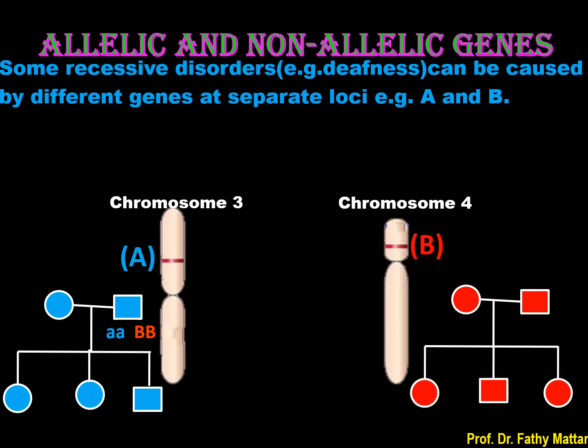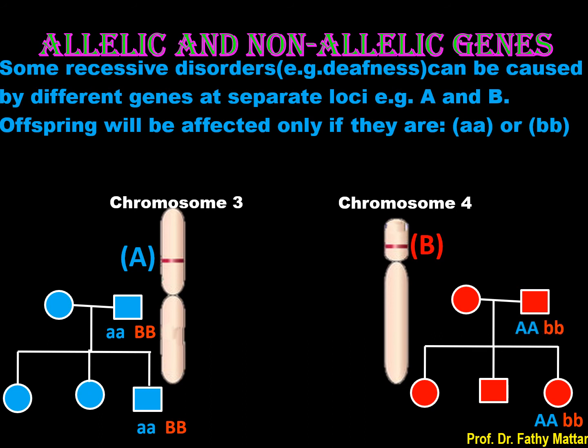Now, anyone who marries one from this type A will have all his children homozygous recessive, and so they will appear deaf.